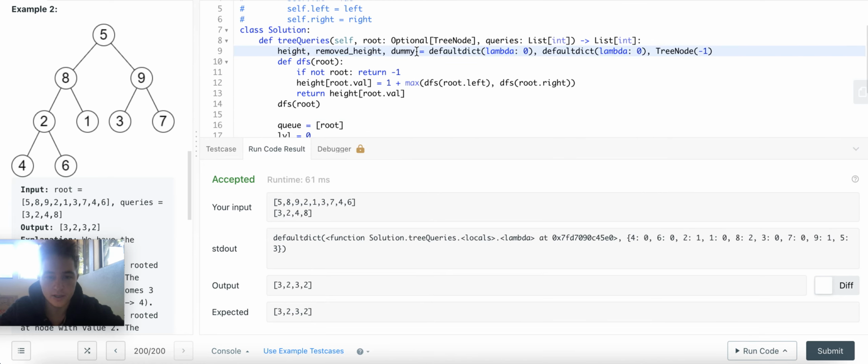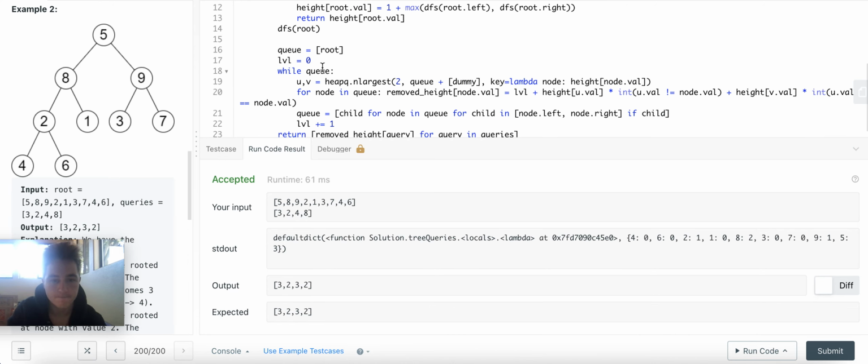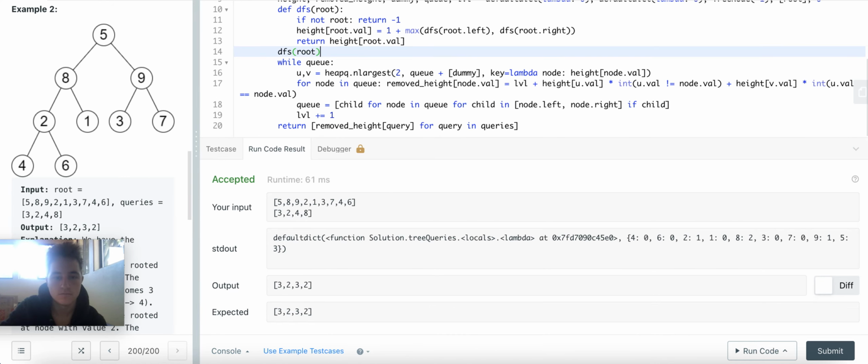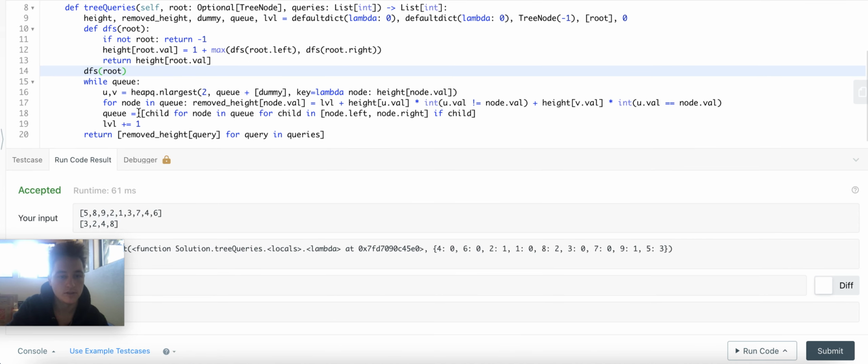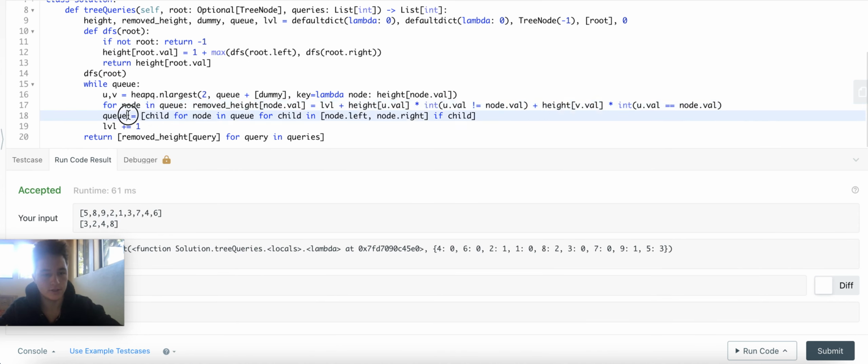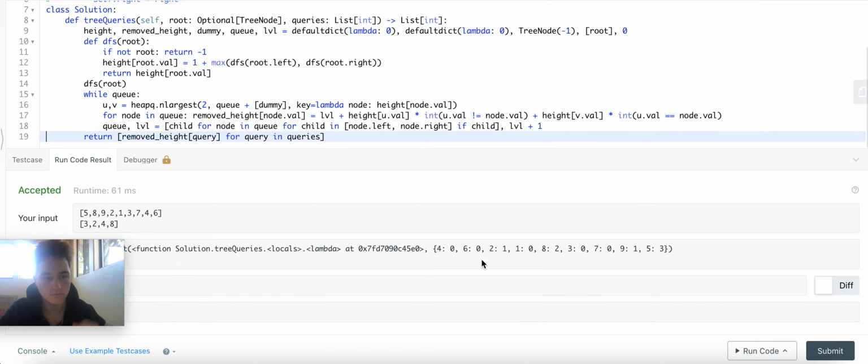Same with queue and level. And then we'll expand this out so you can really see how short this is. All right, let's see what happens.